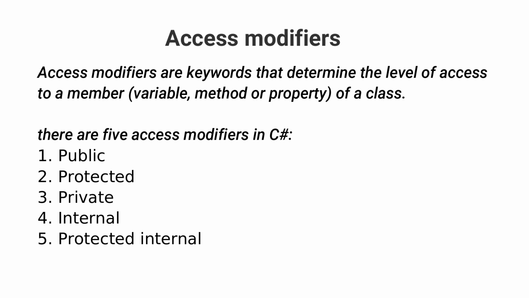So in C#, there are 5 access modifiers. One is public, protected, private, internal, and protected internal. Fine. So what exactly is public?